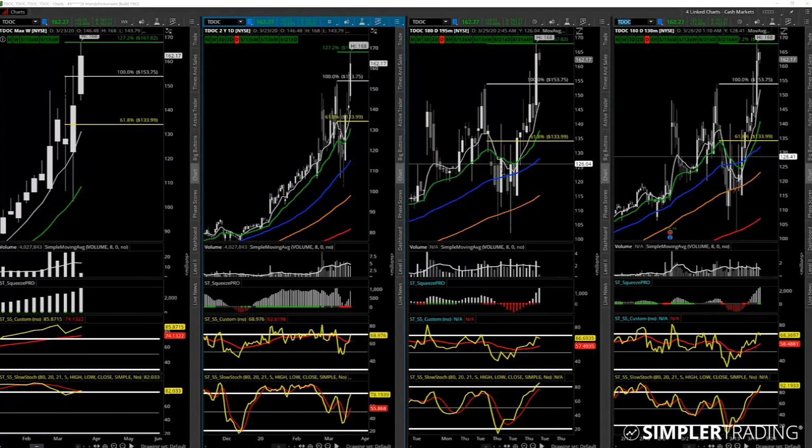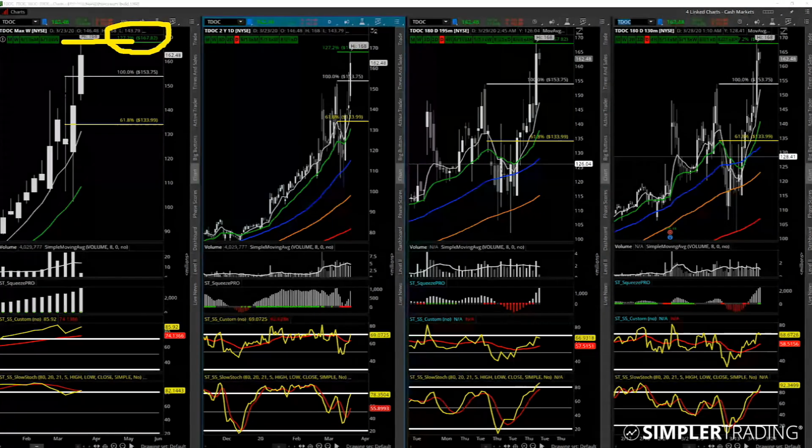Your first extension target, the 1.272, comes in at 167.82, and I'm just looking at that to be a point of resistance. You can see that today the high was 168. The target was 167.82. It went above by about 18 cents, and now it's trading about $6 off the high. That's perfectly fine for our butterfly.